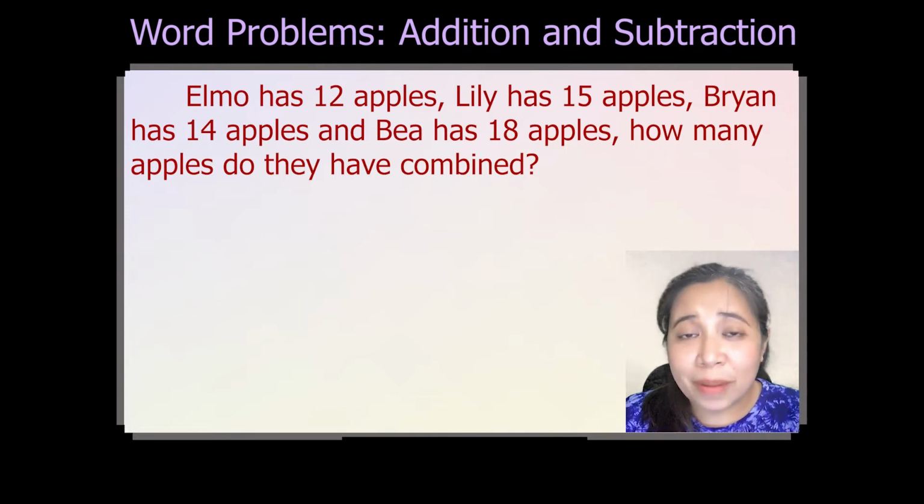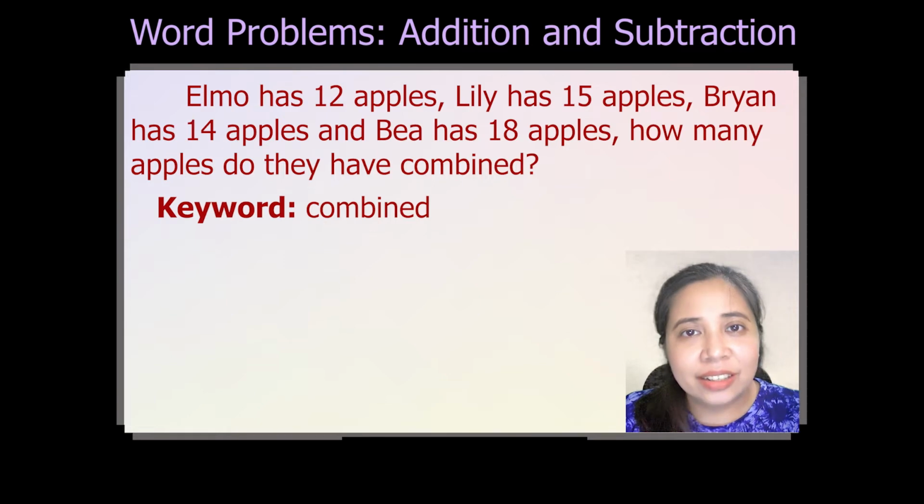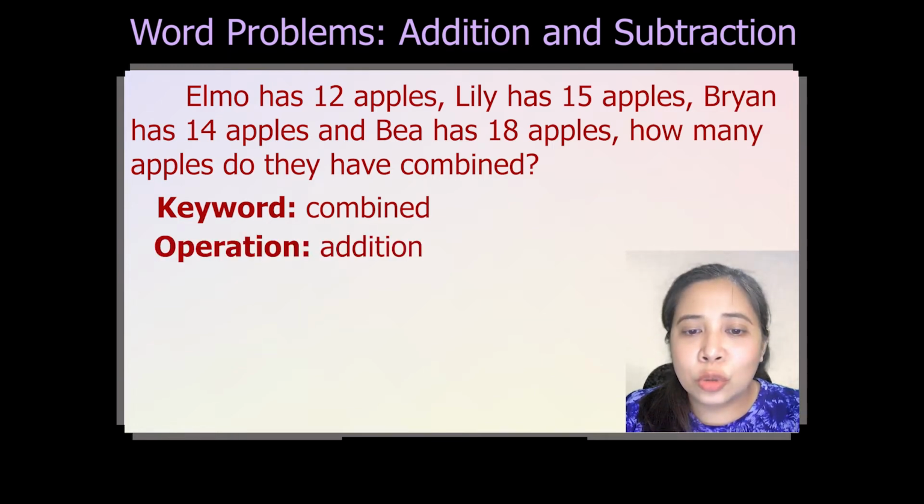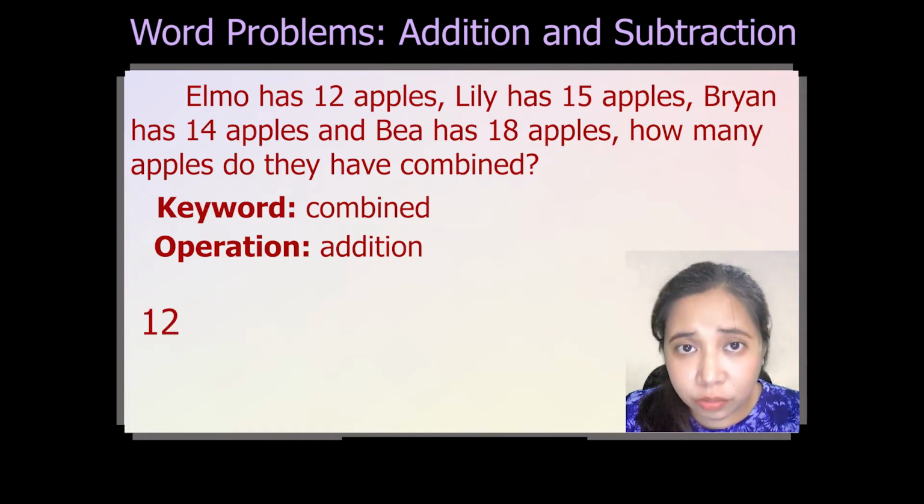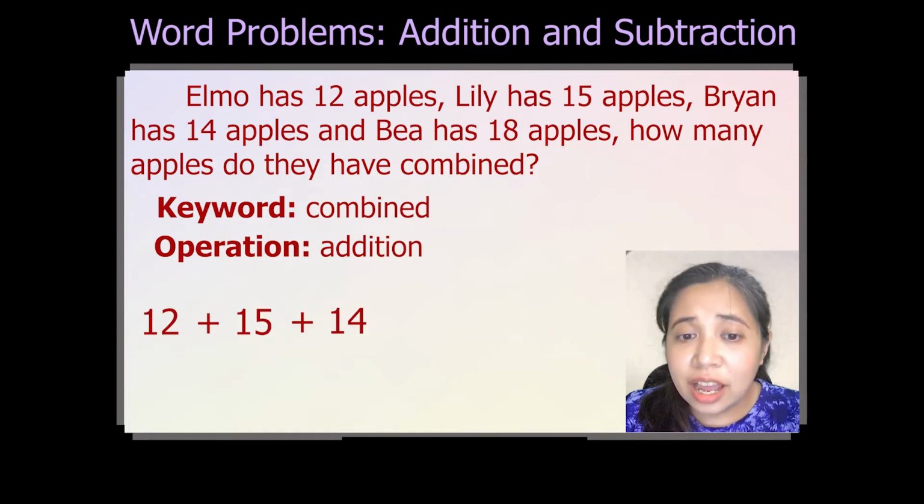Ang keyword naman para sa problem na ito ay ang word na combined. And kapag narinig natin ang word na combined, that means that we are to add the numbers. So, that is 12 plus 15 plus 14 plus 18 is equal to 59 apples.